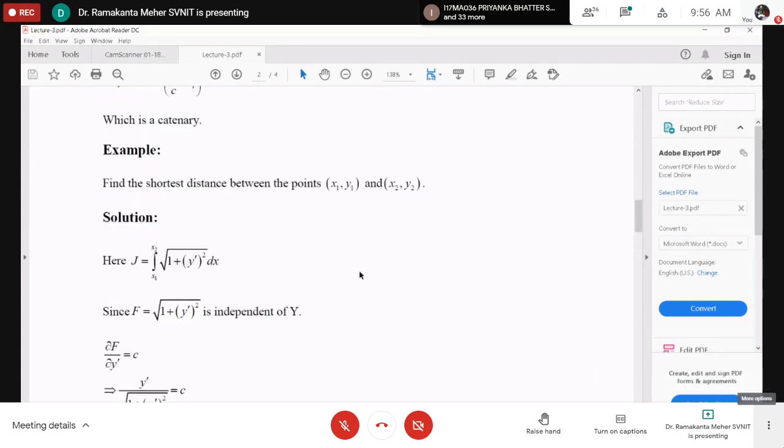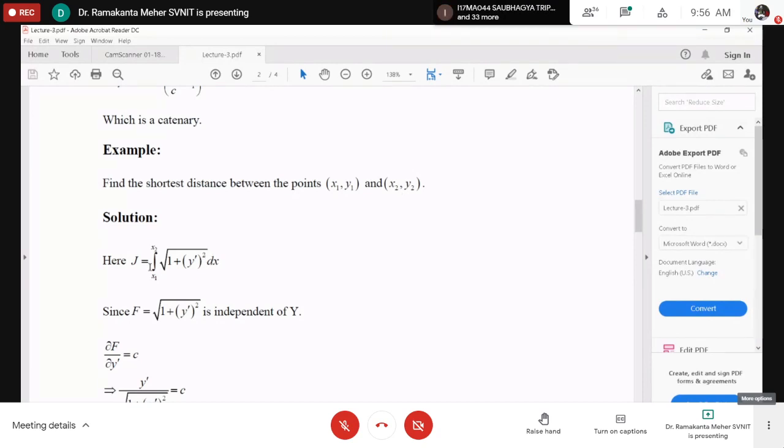So let us start from this one. Since we are finding the shortest distance or minimal distance between the two points x1, y1 and x2, y2, we can use the arc length formula here, and we have to minimize that arc length.